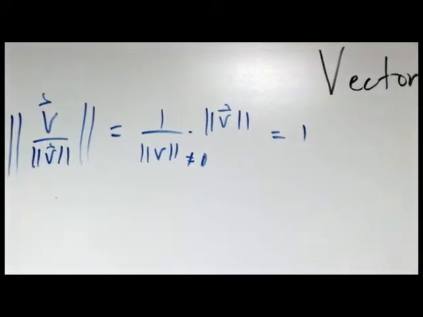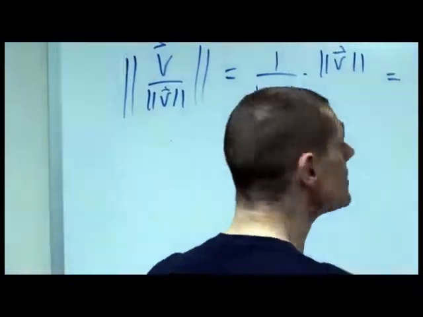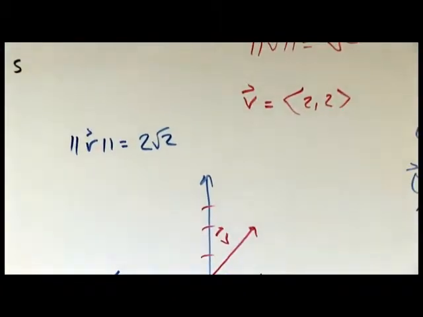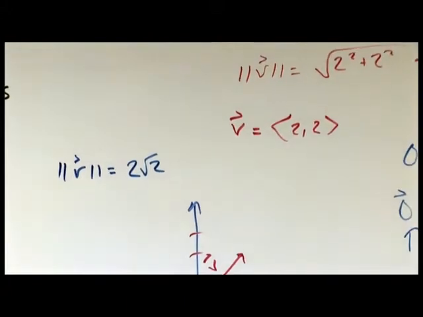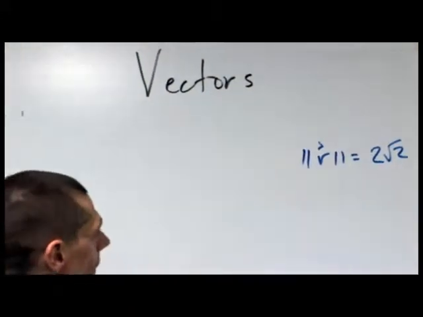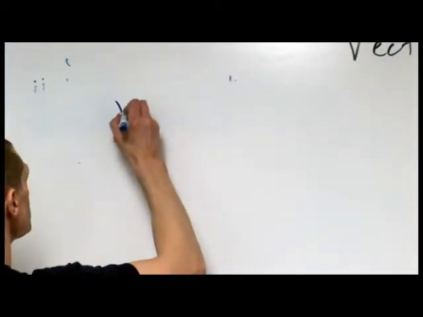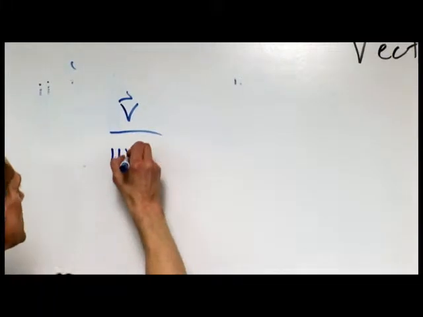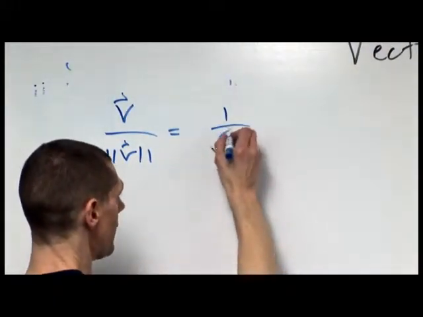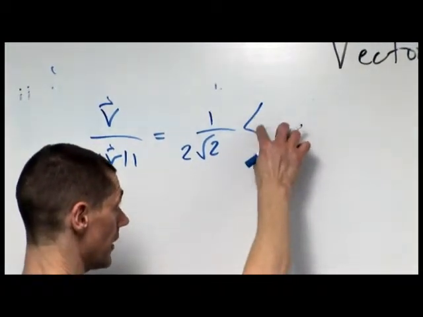Okay, so my professors, who never thought I was clever anyway, wouldn't agree with me. Let's do this one, and let's see that this works, because they're going to want to make you do one of these. First off, we figured out that the norm of this was 2 times the square root of 2. So this v divided by its norm will be 1 divided by 2 times the square root of 2, times 2 and 2, right?